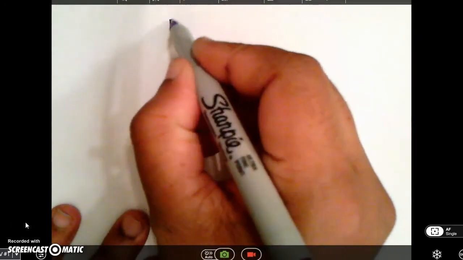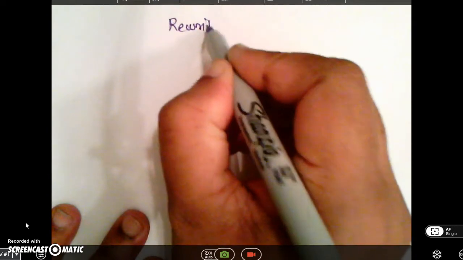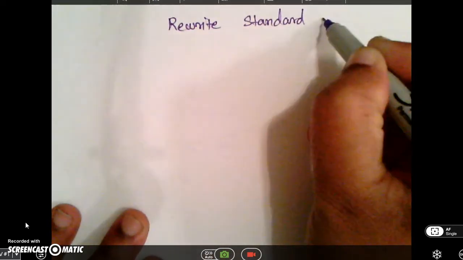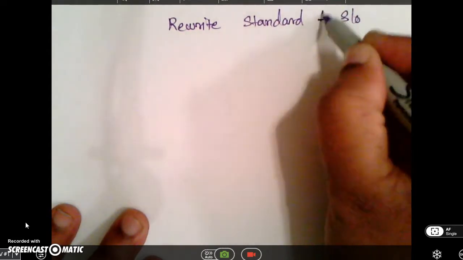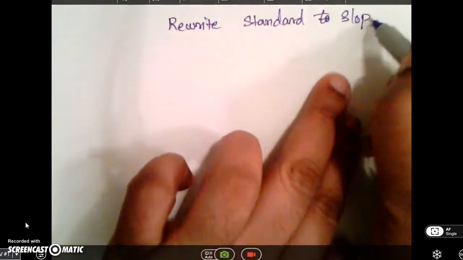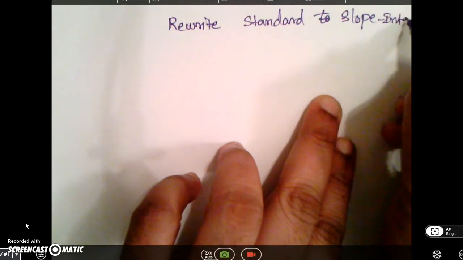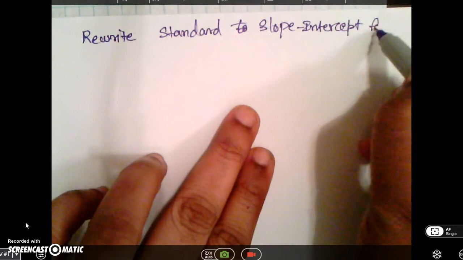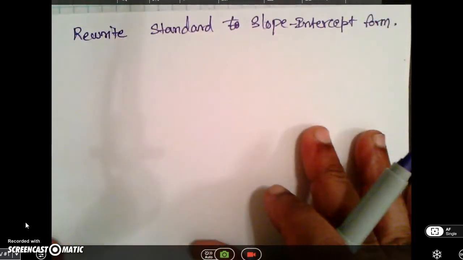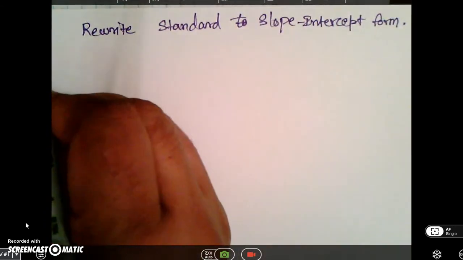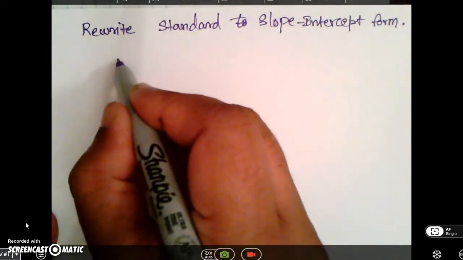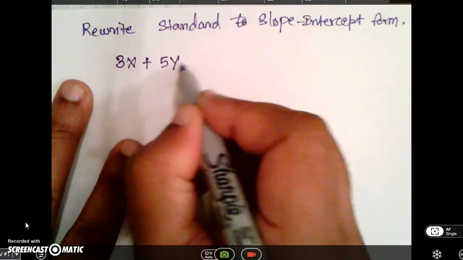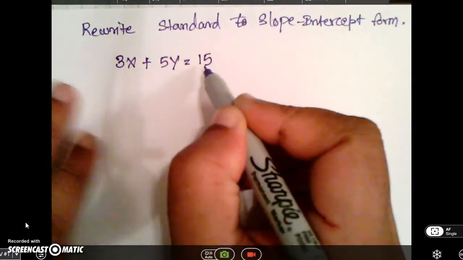So let's see how to rewrite standard form to slope-intercept form. Okay, so let's take the same equation. 3x plus 5y equal to 15.